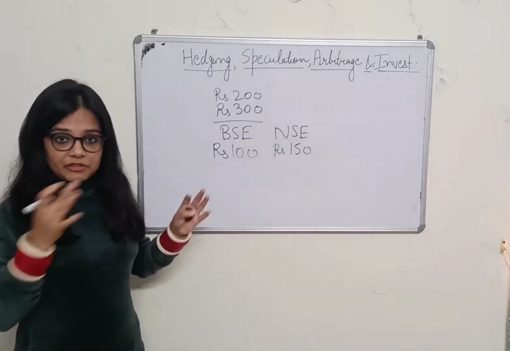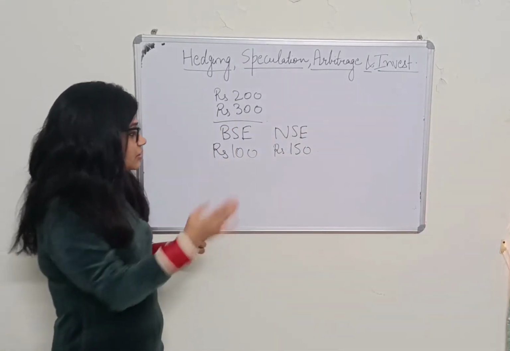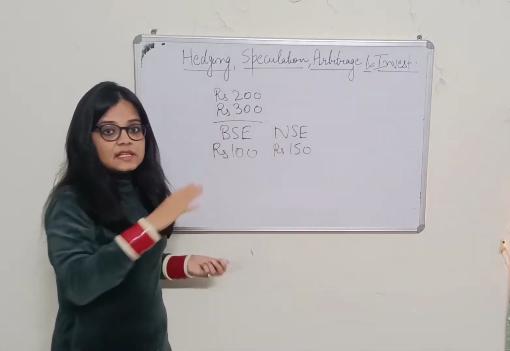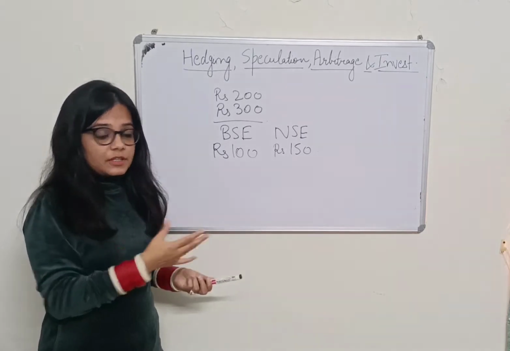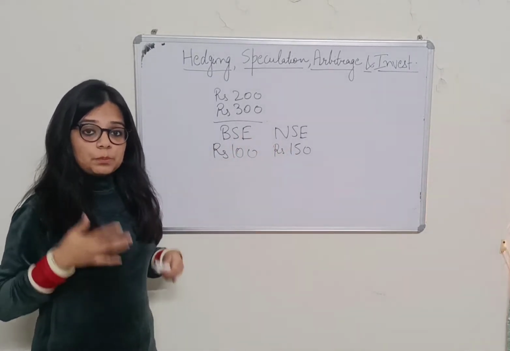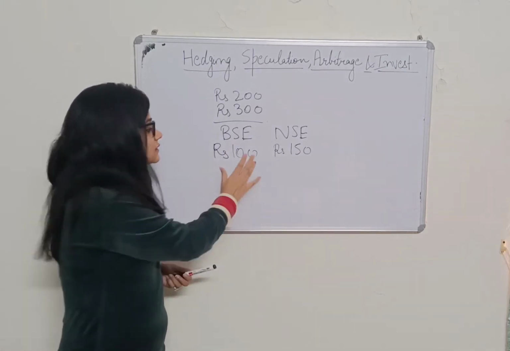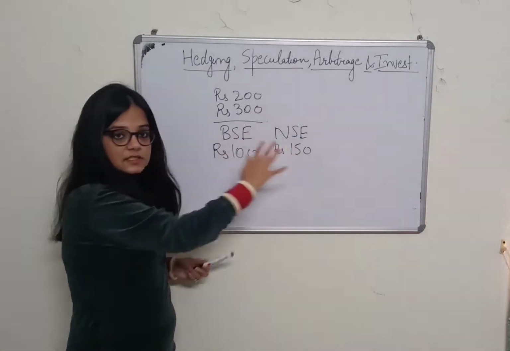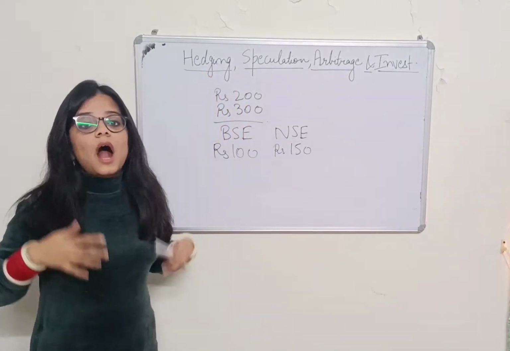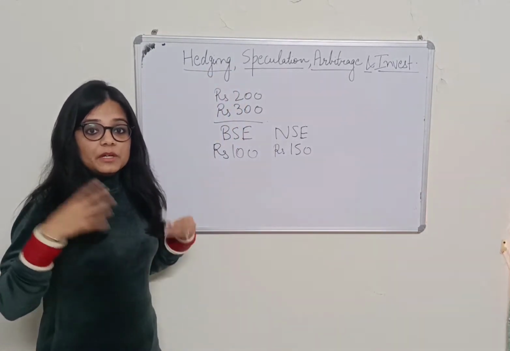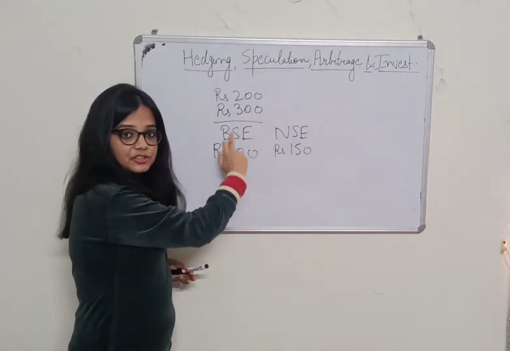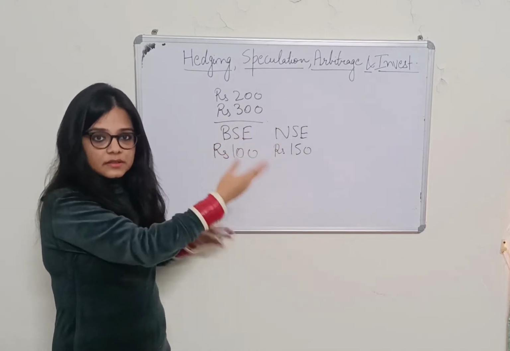So what will the arbitrager do? The arbitrager will buy from BSE and sell in NSE and will earn profit because of the price difference, and he will keep on doing this until the price in BSE and NSE becomes equal, right? So this is what we mean by an arbitrager: a person who earns money by taking advantage of the difference in the price, right?